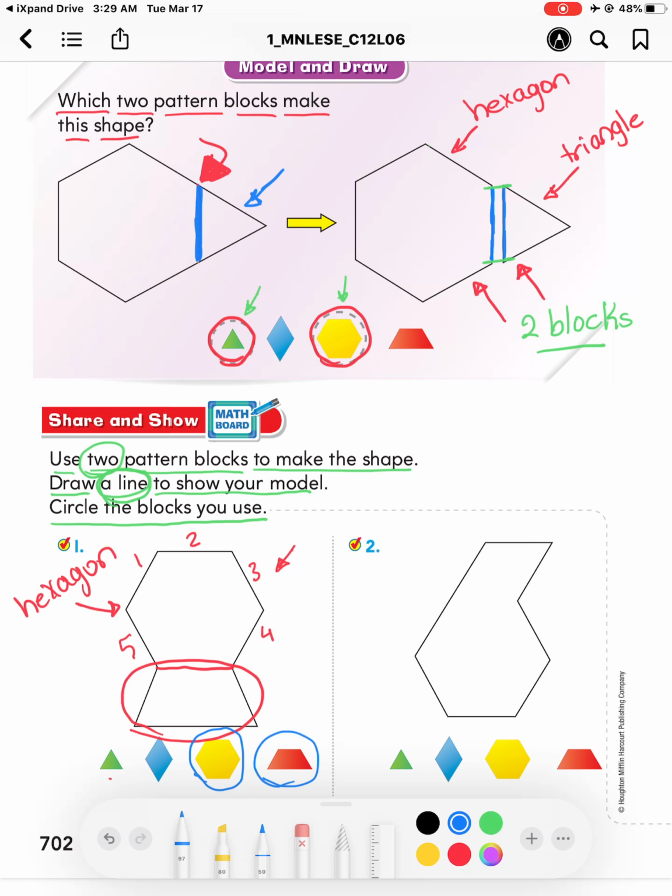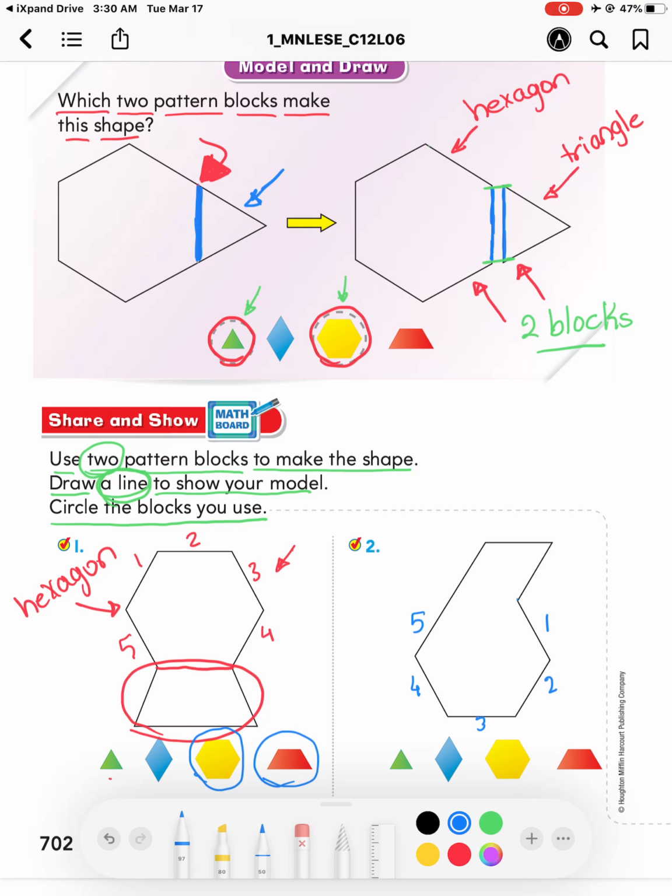Okay, here we have 1, 2, 3, 4, and 5. So can we think about the hexagon because it has 6 sides? Yes, this is a clearer answer because the trapezoid has 4, the rhombus has 4 sides, and the triangle has 3.